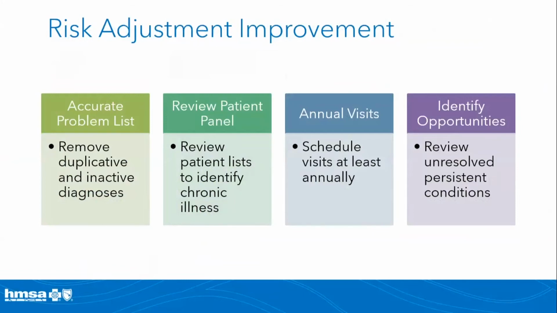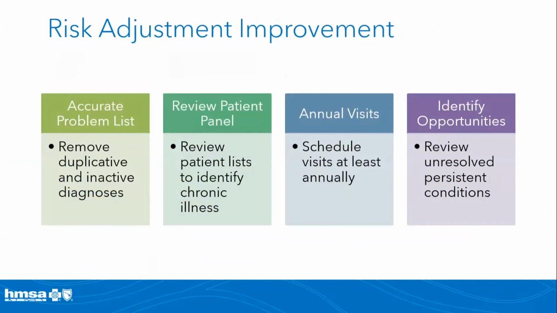This is really important because you need to code every active condition each year. The provider will need to submit diagnosis codes to let Medicare know the patient has a condition, even if they've had that same condition for the past 10 or 20 years. Once you've identified these patients, contact the patient and schedule a visit.